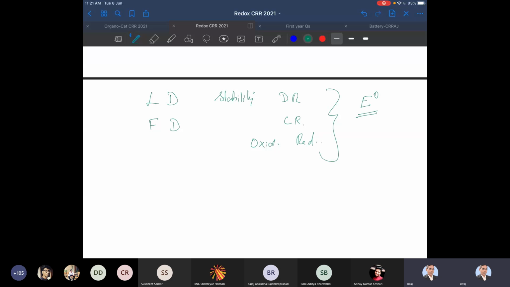Whether it is positive or negative, from there you will be able to simply deduce the property from the diagram, right? That's what we have seen. Another one is the Ellingham diagram, so we are not going to that one. Let me go to the battery.